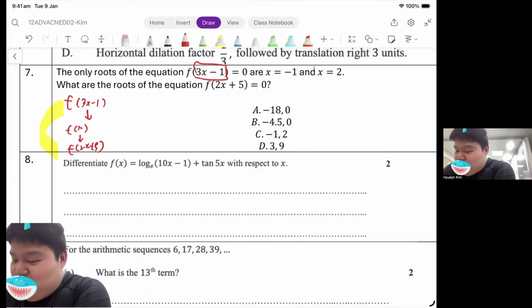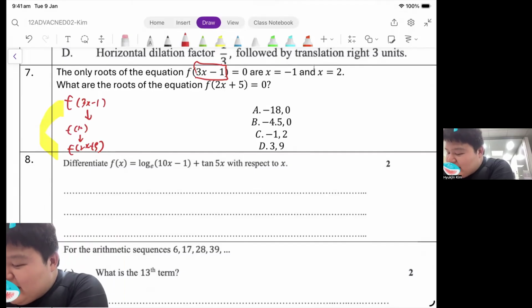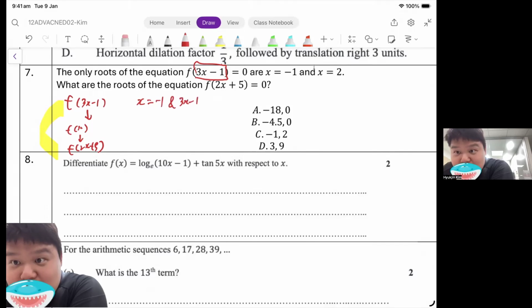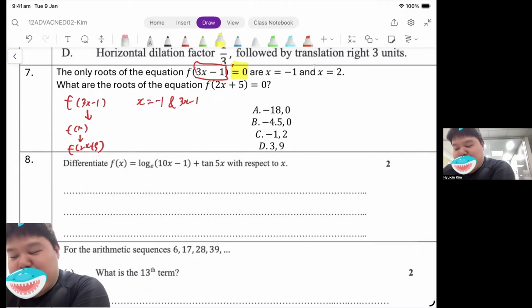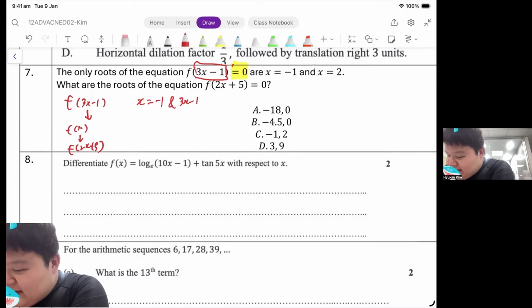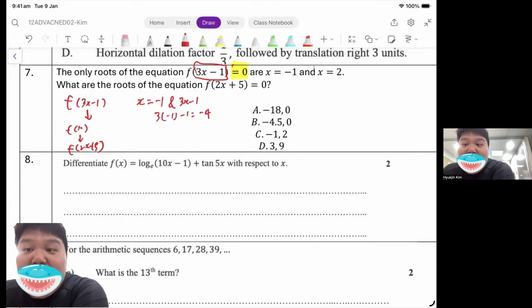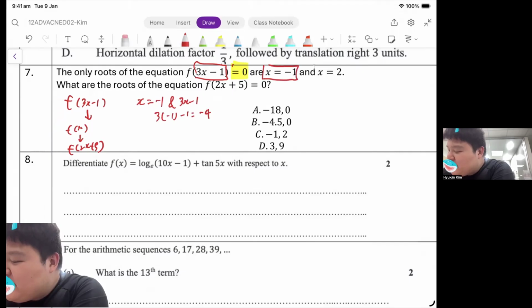Anyhow, what do we got to do? From here, I need to realize that x equals negative 1 and 3x minus 1 yields an output that will give 0. That means 3 bracket negative 1 minus 1 should be the same as negative 4. That means that is my initial x-intercept for this guy.